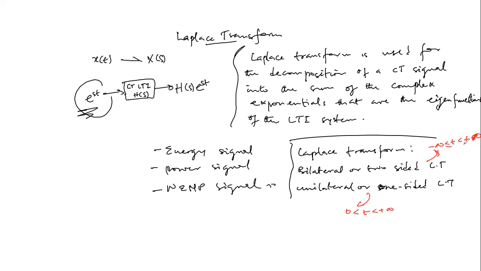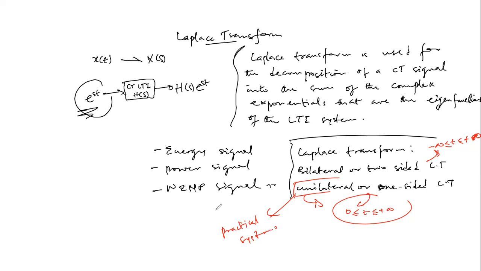And why this? Now, the preference is shown for the unilateral version, especially when we desire or decide to model practical systems.